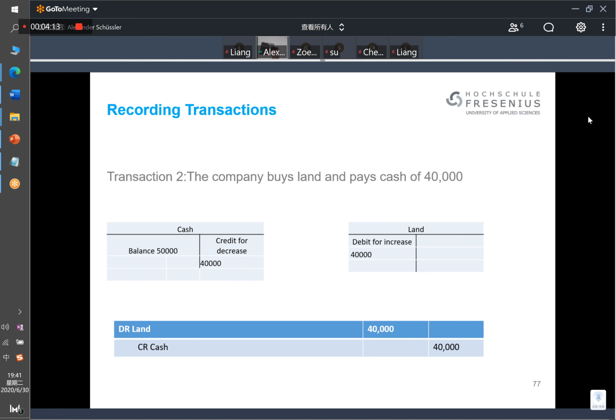Cash and land are both asset accounts. Debit means debit for increase, and when you credit an asset account, it decreases. Debit is always the left-hand side of an account, and credit is always the right-hand side of an account.